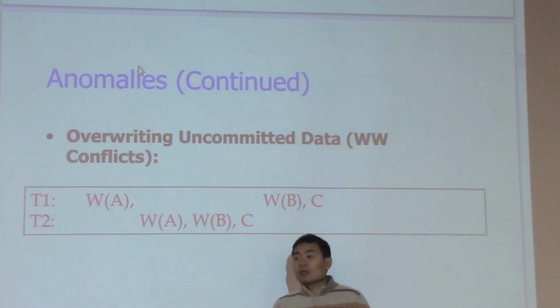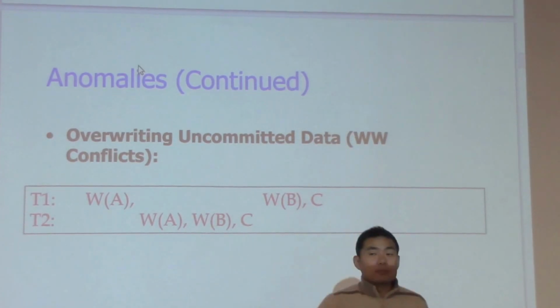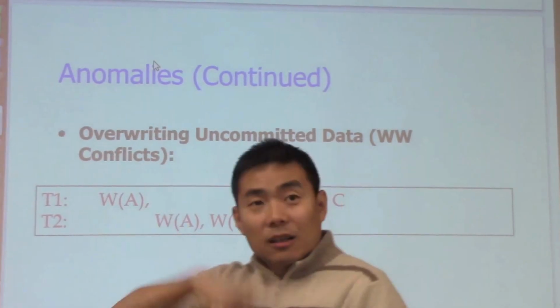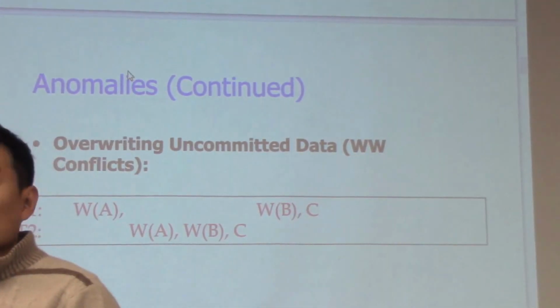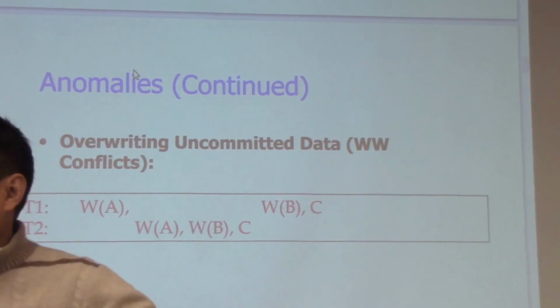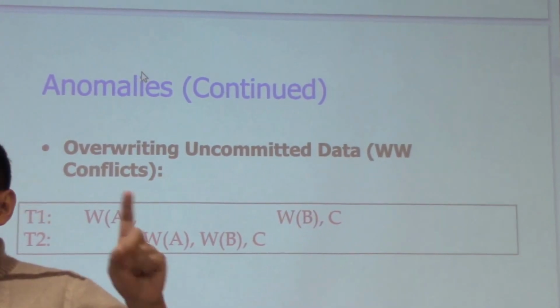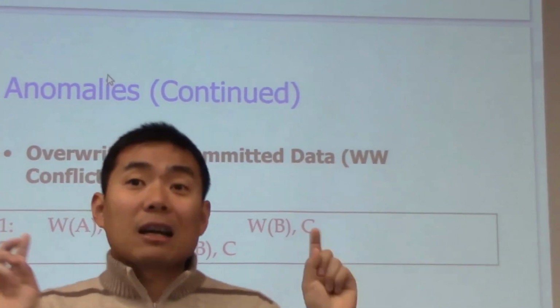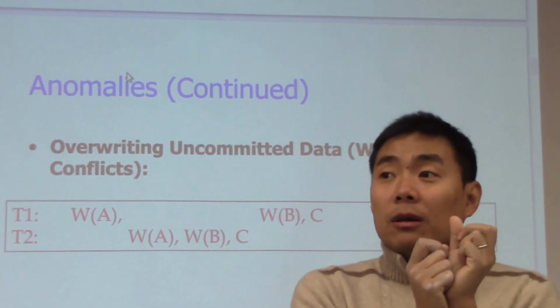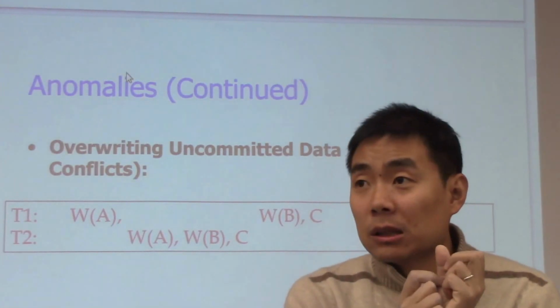This is not good, right? In a lot of real systems, this is not okay. You either let this person decide on everything or the other person decide on everything. You don't want to leave the system in a state where somebody determines this, somebody else determines that. So in serializable schedule, we do not allow this to happen. For that reason, we need to identify WW as a conflict.